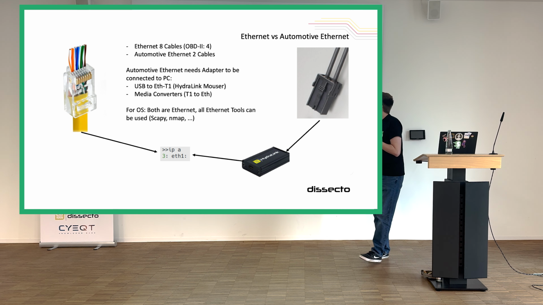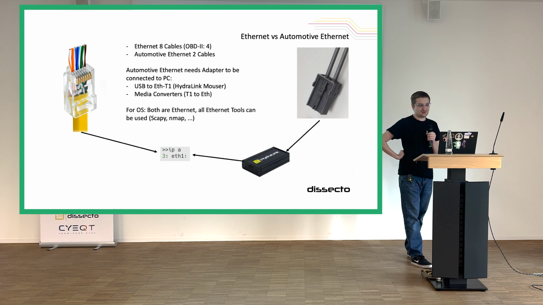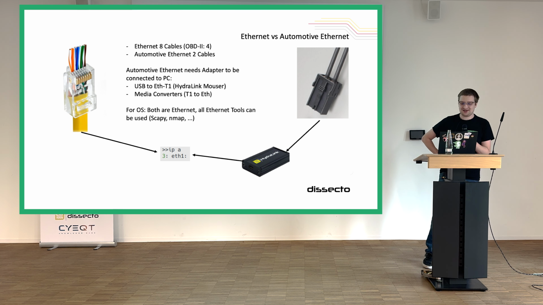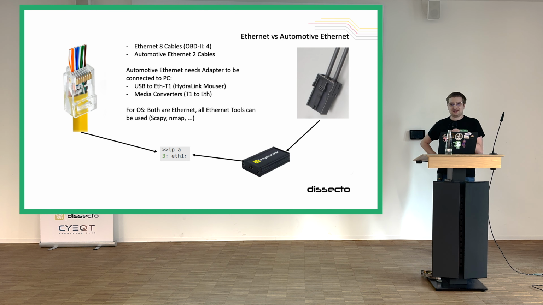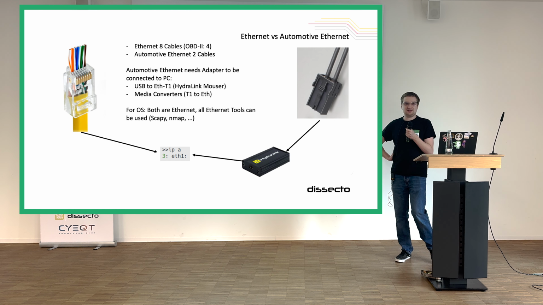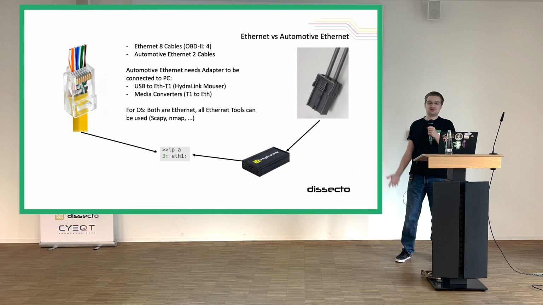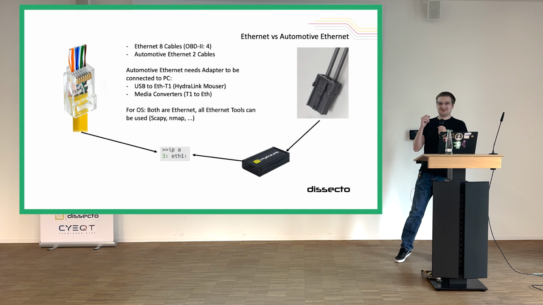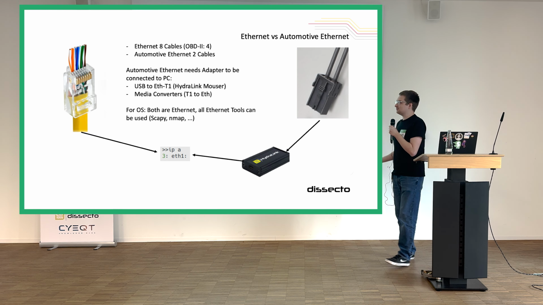Ethernet has more cables, so 4 or 8. Automotive Ethernet is only a twisted pair. But what's really the difference in testing it? Well, it turns out there's not a lot. The only concern here from a testing point of view is how do I connect to my device that I want to test, or to my DUT.